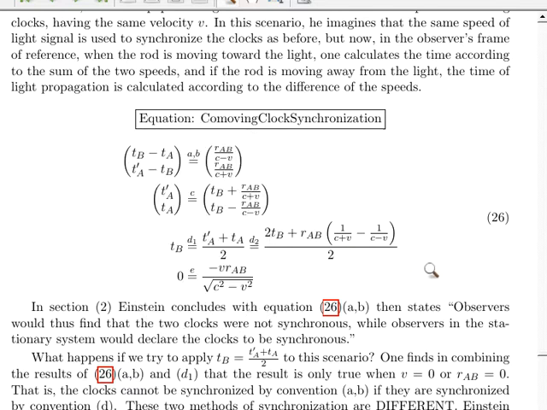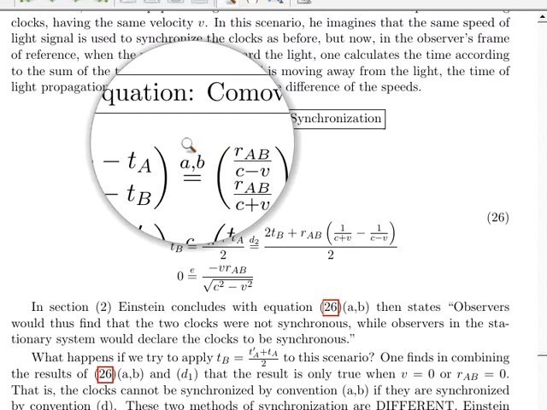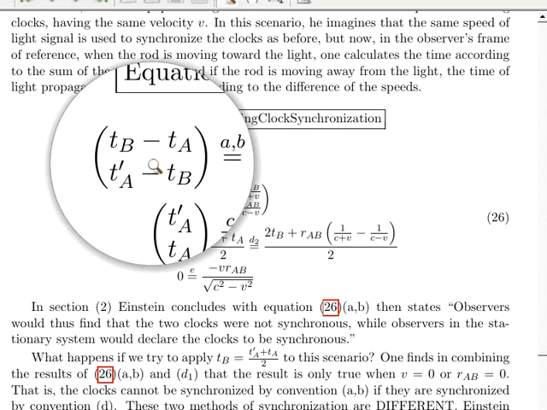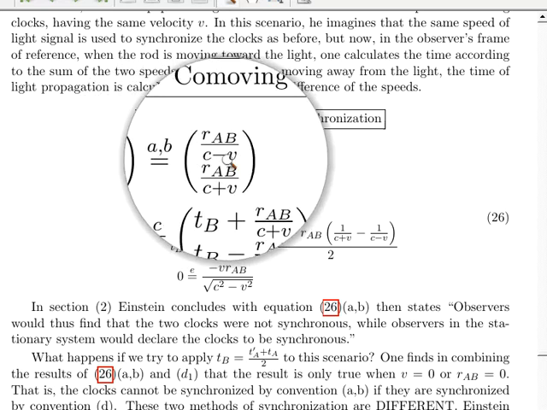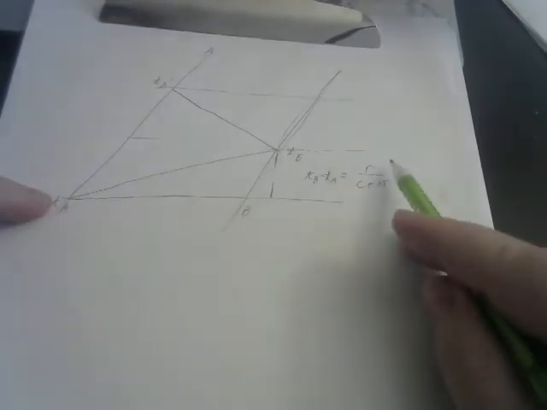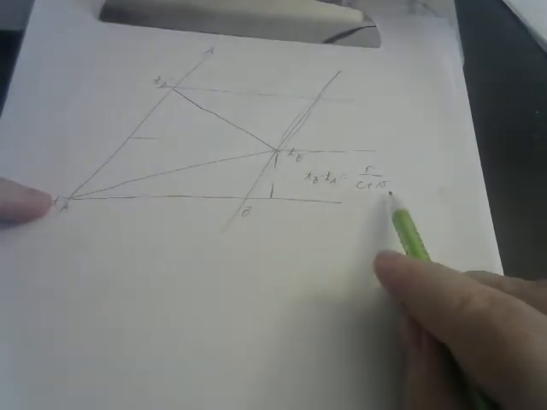We actually have two incompatible simultaneity conventions because the other simultaneity convention is this one. t sub b minus t sub a is r sub ab over c minus v, and t sub a prime minus t sub b equals r sub ab over c plus v. So if this is our object moving by, our clock b moving along at velocity v, and this is clock a moving along at velocity v, the time from here to here is a little bit longer because the speed of light has to catch up with the velocity.